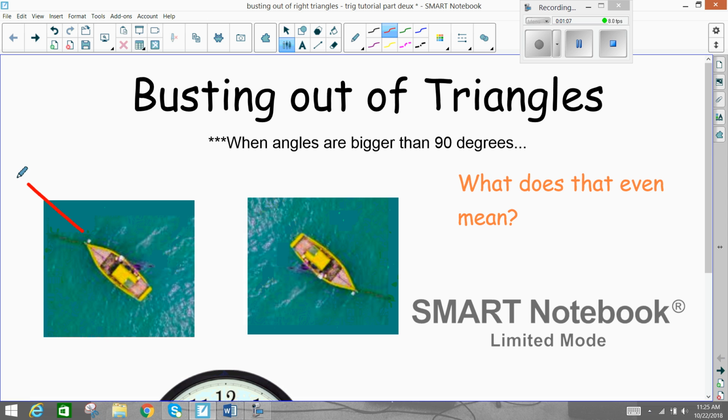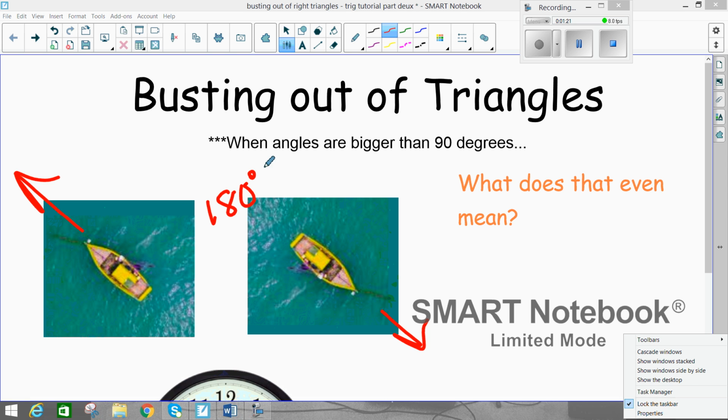In this case, this boat is traveling this direction, and then it goes to traveling that direction. So that boat has traveled more than 90 degrees. That has made a 180-degree turn. So we need to be able to talk about angles that are bigger than 90 degrees.